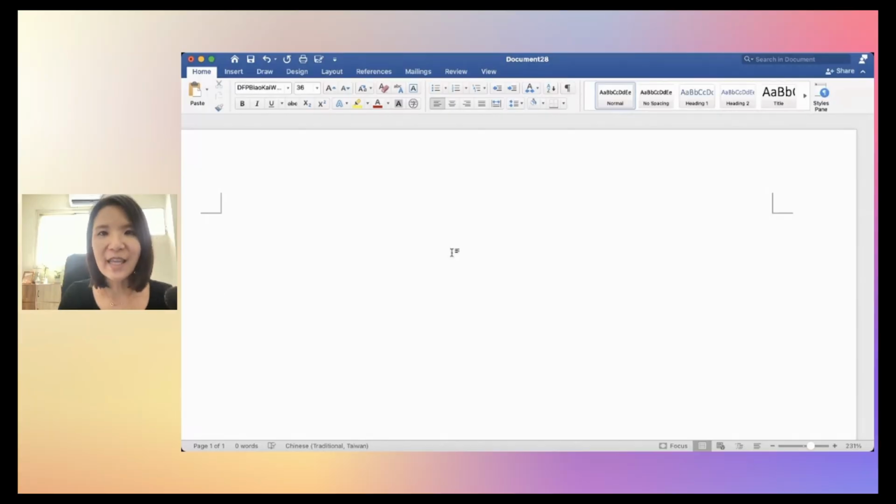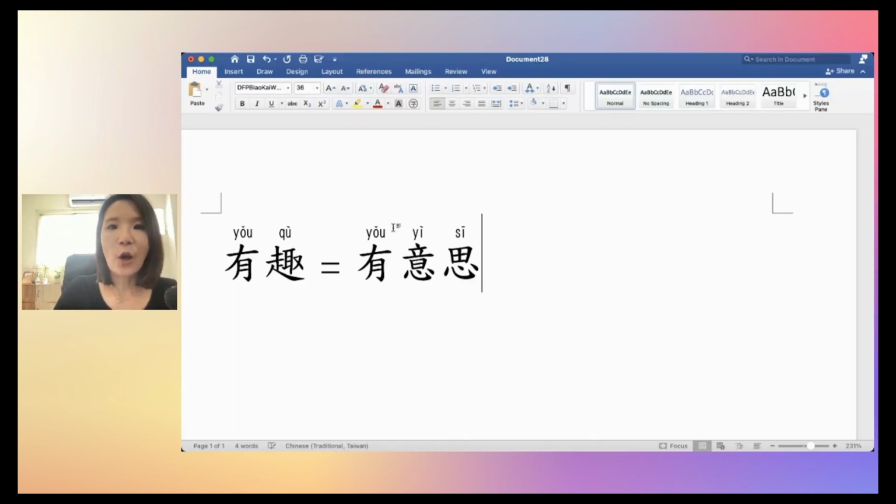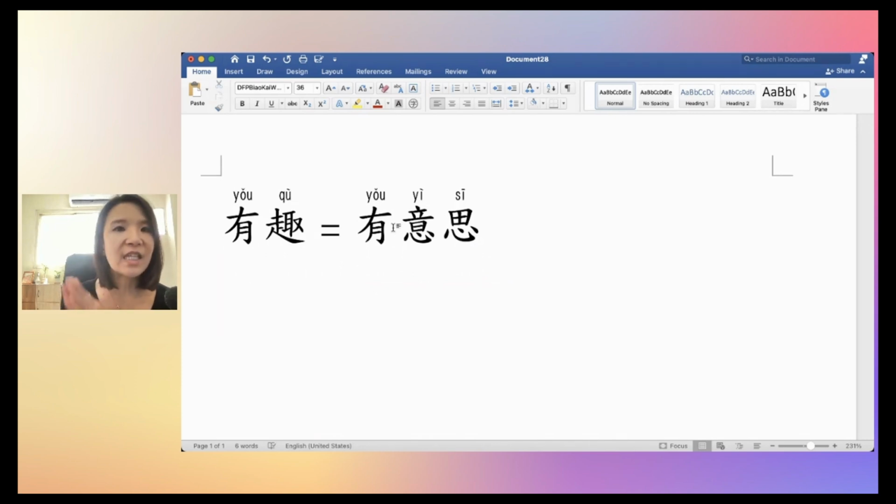The first one is 有趣. You can see from the screen, 有趣, interesting. In Taiwan, we tend to say 有趣, and in China, you will hear people say 有意思. They both mean interesting.